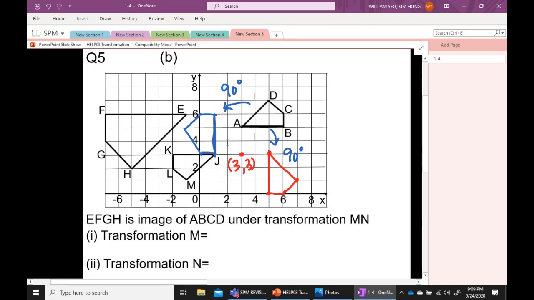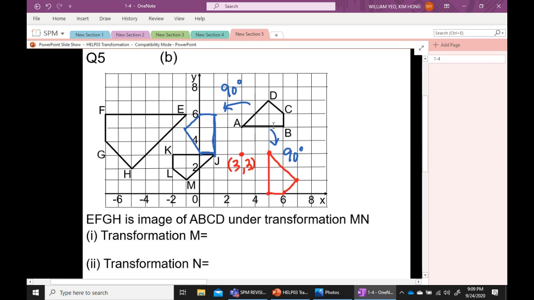Then for this you have to refer back to previous examples. But for this, there is no fixed method for any rotation, so you have to practice.